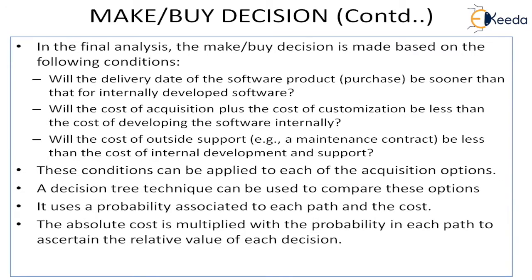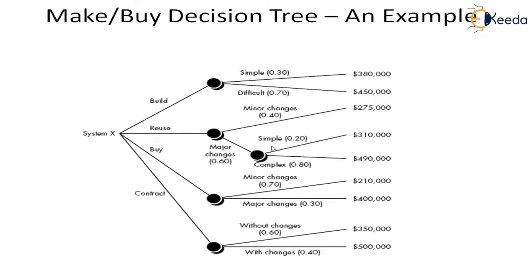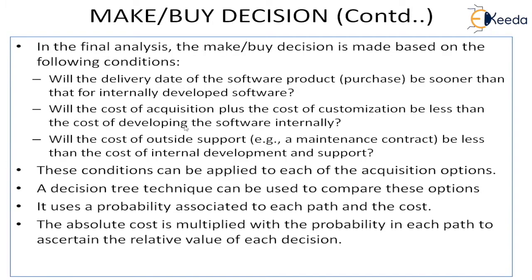So in the final analysis, the make-buy decision is made based on the following conditions. So this is what we were discussing. It is already written here. Will the delivery date be sooner than for internally developed software? And will the cost of acquisition plus the cost of customization be less? Will the cost of the outside support be less than the cost of internal development and support?